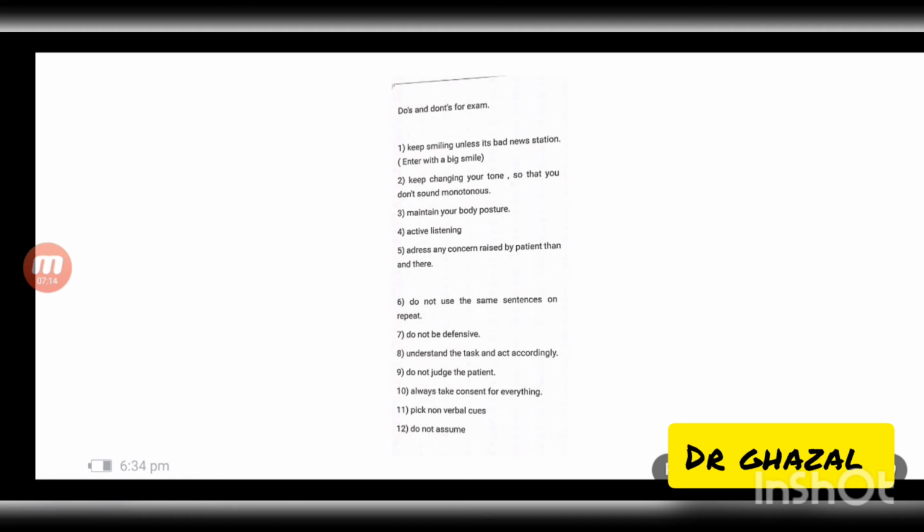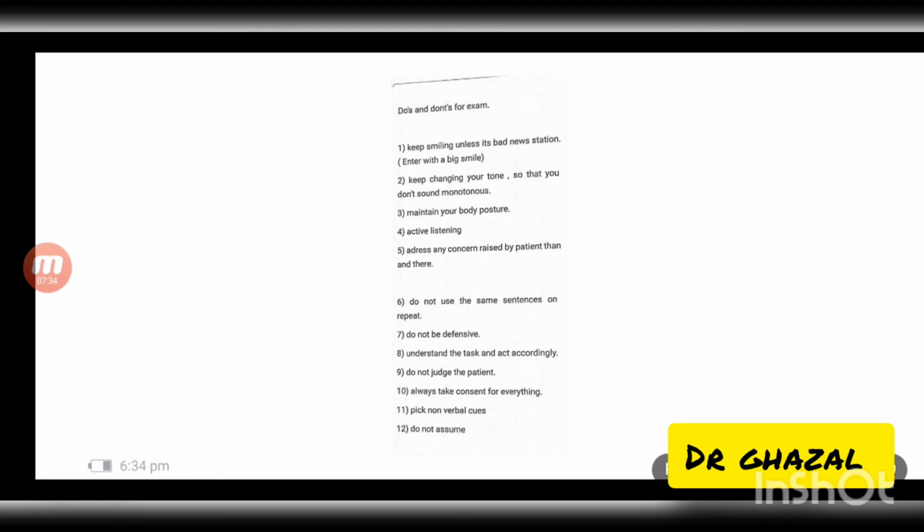Think of it like this: even if you're passing by on a street and you give a smile to a stranger, he or she will most often give you a smile back. So that is a kind of non-verbal cue. It is a friendly gesture.